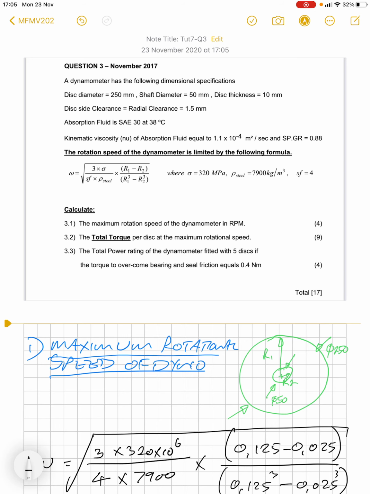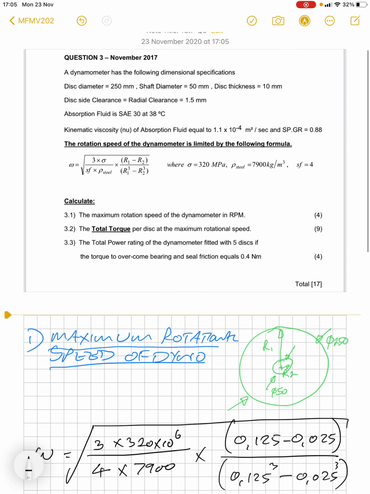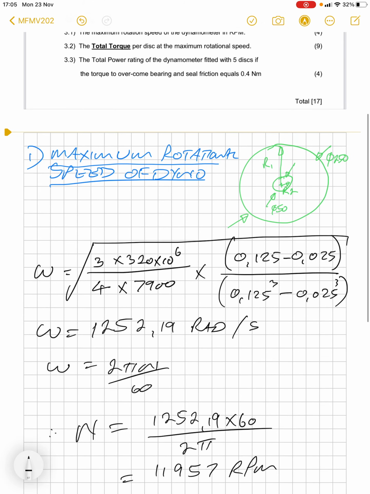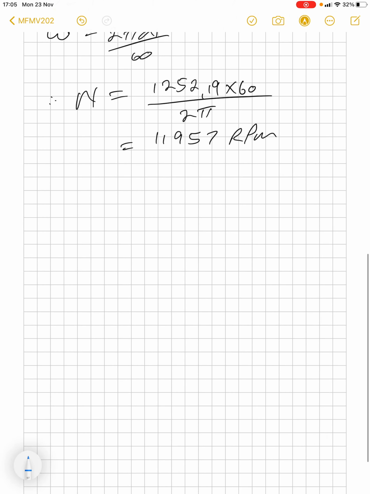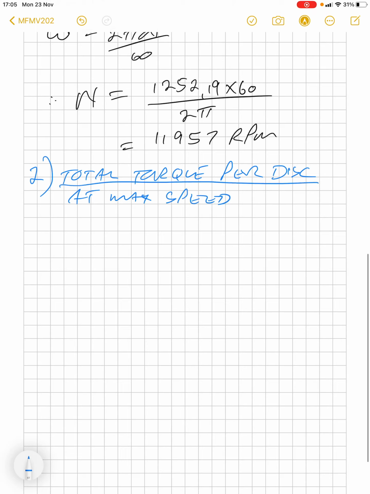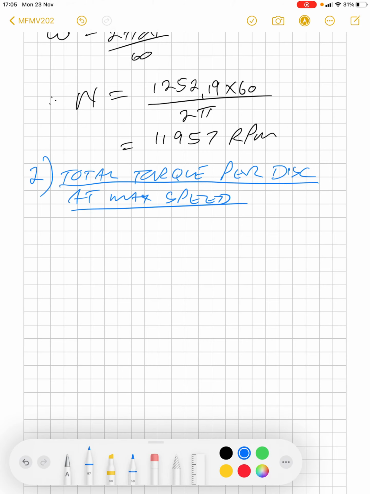Secondly, the total torque per disc at the maximum rotational speed. Total torque per disc at max speed, which we have just calculated.